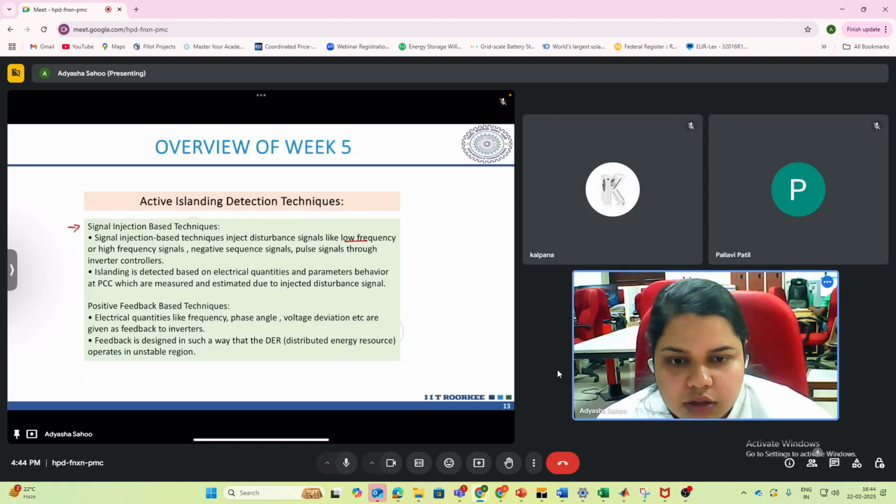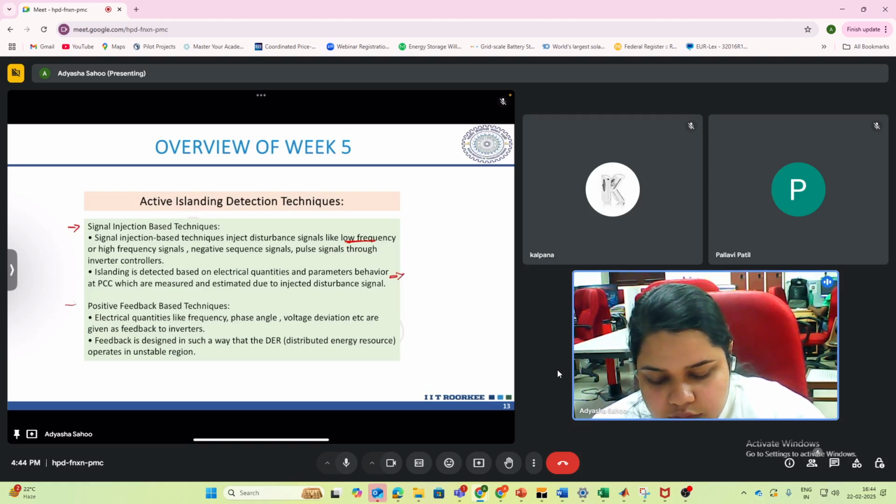Generally we go for low frequency signals, and after the injection of these signals, we monitor the behavior of the voltage and frequency at the PCC, and based on that, the island detection scheme will work.